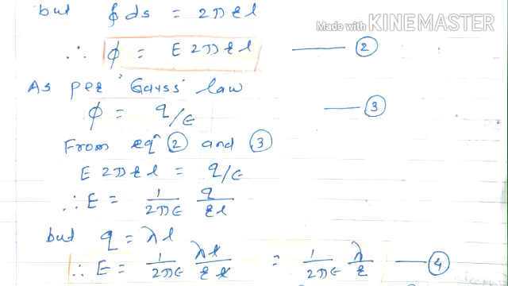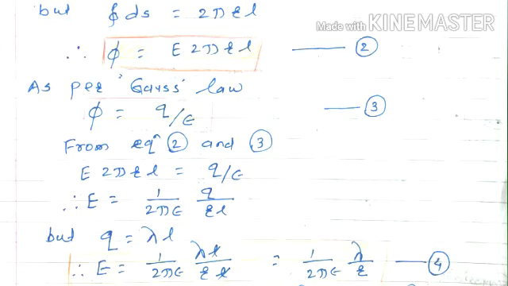But as per Gauss law, the electric flux phi equals the charge per unit permittivity of the medium. Suppose this is equation number 3. Here equations 2 and 3 represent the value of total electric flux. If their LHS is the same, then their RHS is also the same.